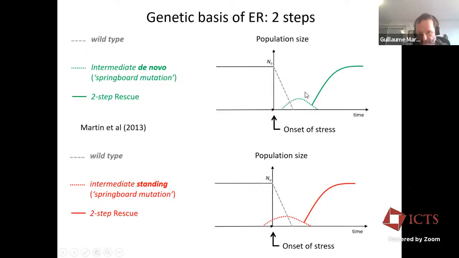To be a two-step rescue, you need this springboard not to be a rescue itself. It may be a resistant mutant that did not make it to establish, or a non-resistant mutant that will never make it. But what's important is that it's a second step. Ideally, experimentally, we should be able to disentangle the two. I'm not fully convinced from my experiments.